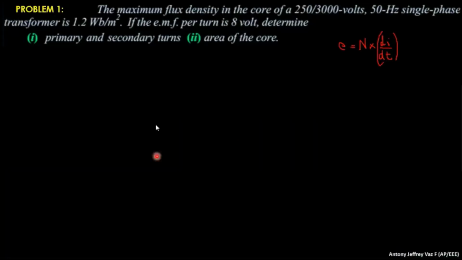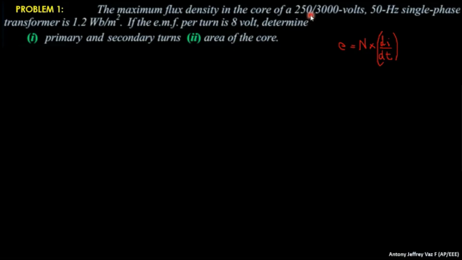The first problem: the maximum flux density in the core of a 250 volt by 3000 volt, 50 hertz single phase transformer is 1.2 Weber per meter square. If the EMF per turn is 8 volt, determine the primary and secondary turns and the area of cross section.